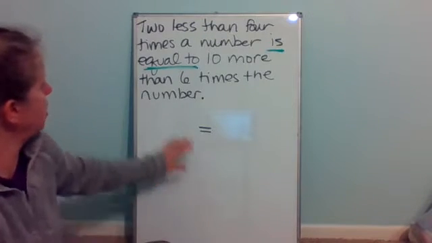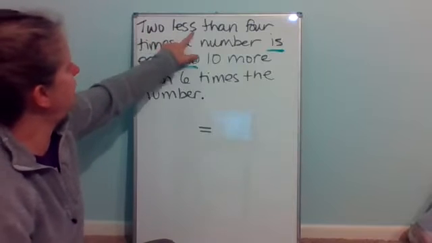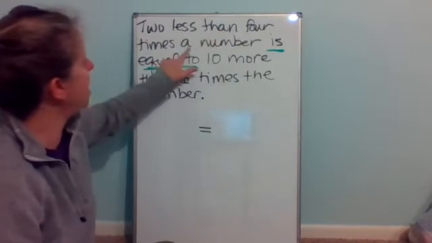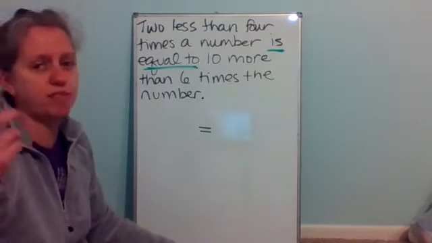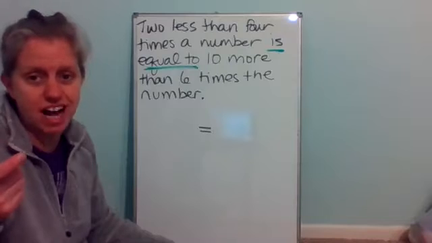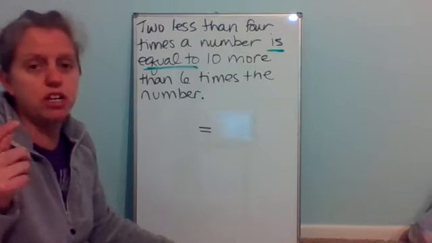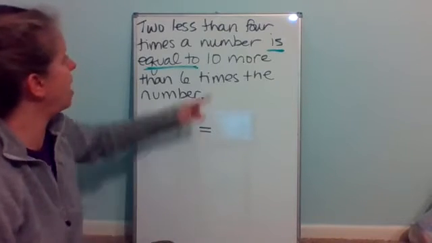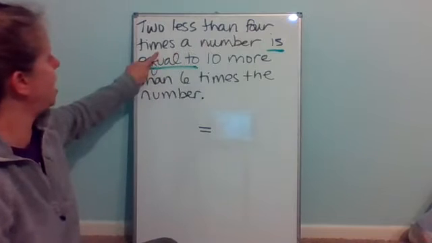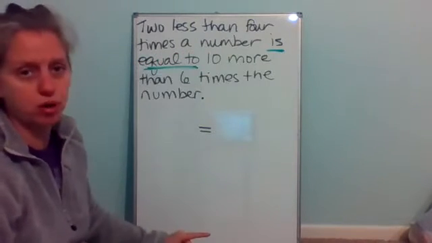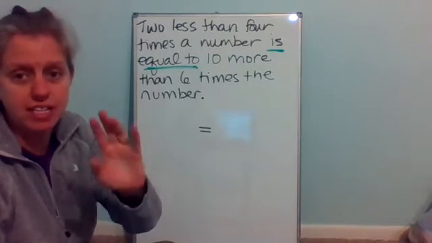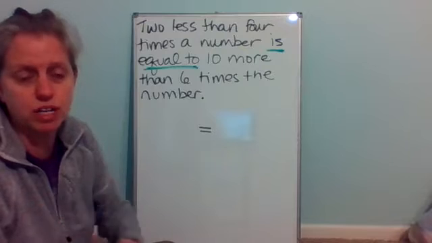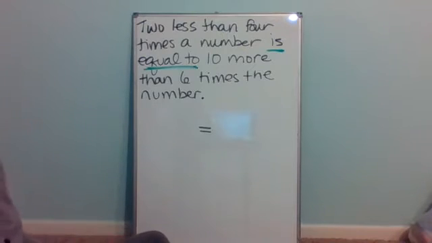Okay, so let's look at what comes in front. 2 less than 4 times a number. Anytime you have the multiplication words, which is times, you want to think about that first. So how would I write 4 times a number? Well, that a number, that's going to be your x, right? That's what you don't know, what the number is.